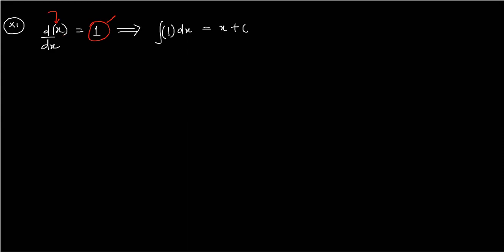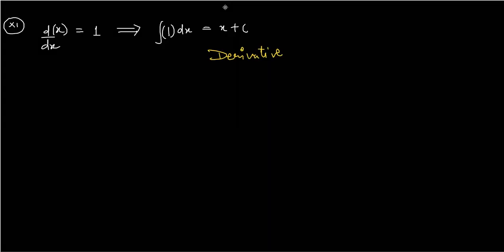So from here we conclude one very important fact. It is that derivative of a constant is 0.